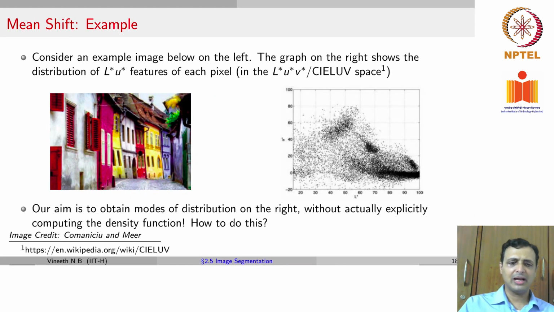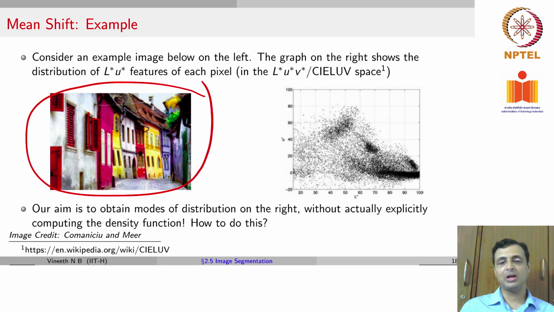So let's consider an example image, as you can see here. It's a fairly real world image. On the right, you see the representation of the image. We talked about color spaces in week 1. One of the color spaces that is popularly discussed is known as the L star, U star, V star, or the LUV color space.